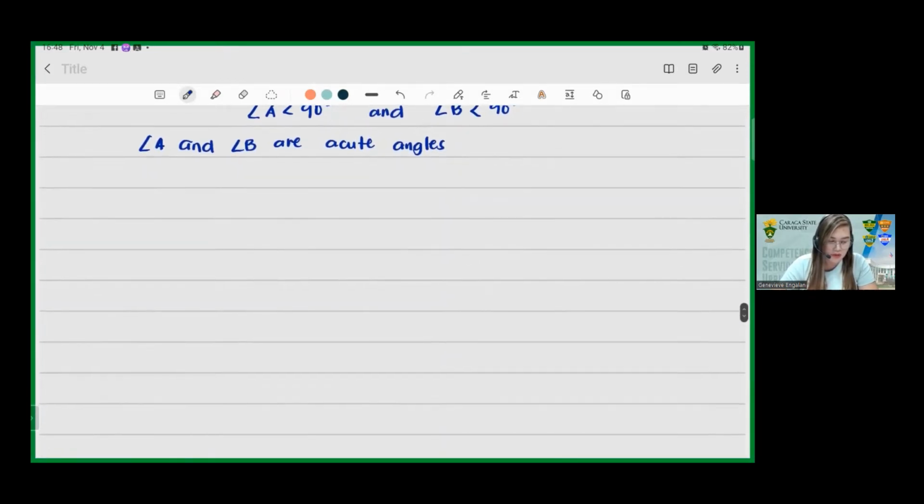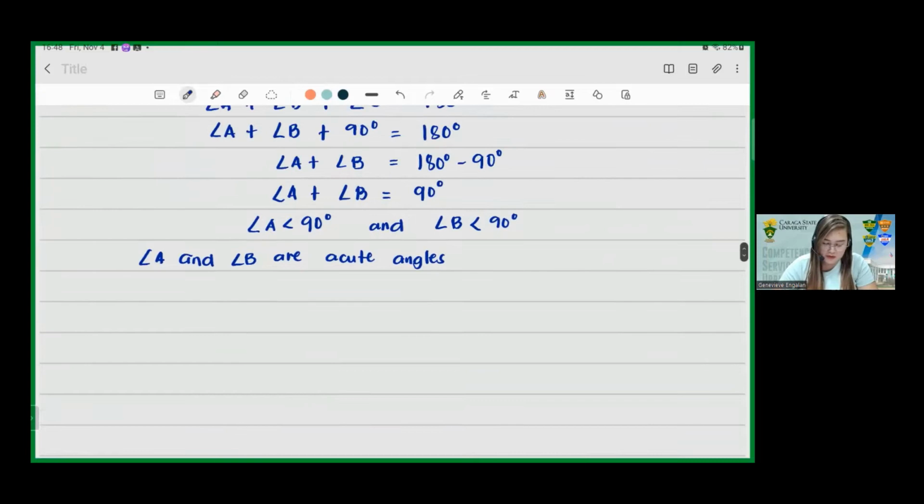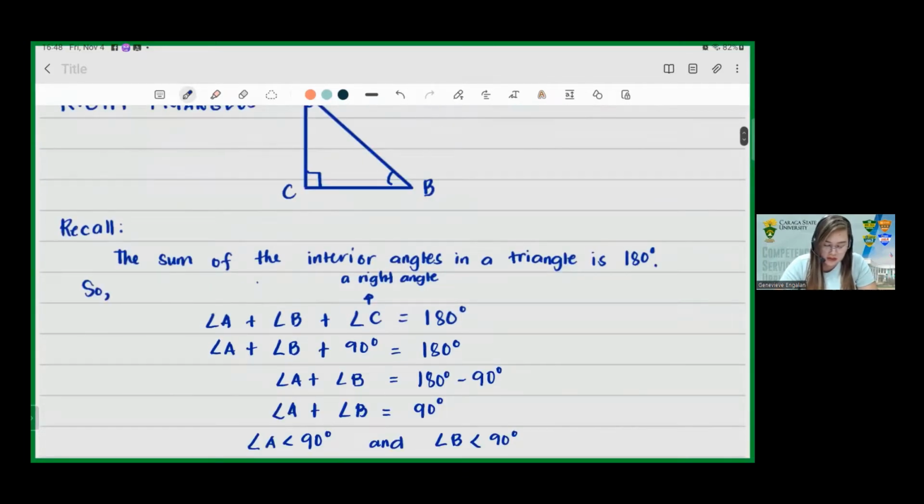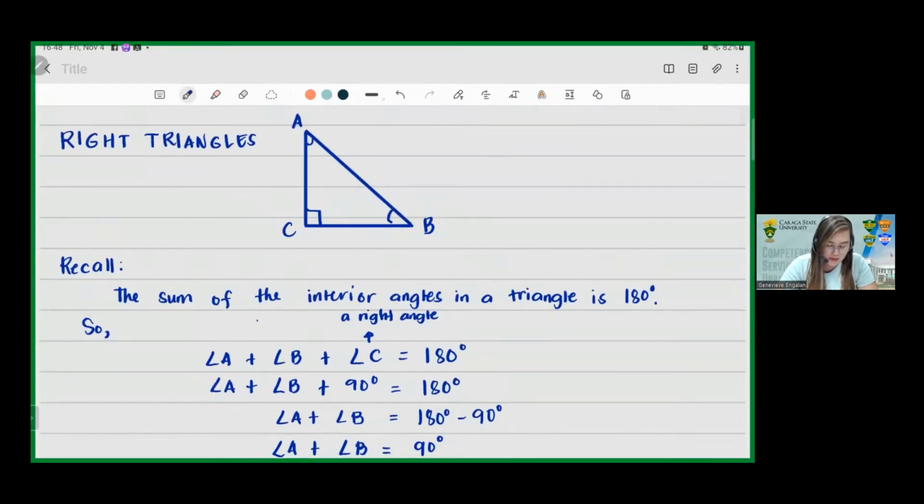If this is our X and this is our Y and this is our small c, suppose this is our angle A.